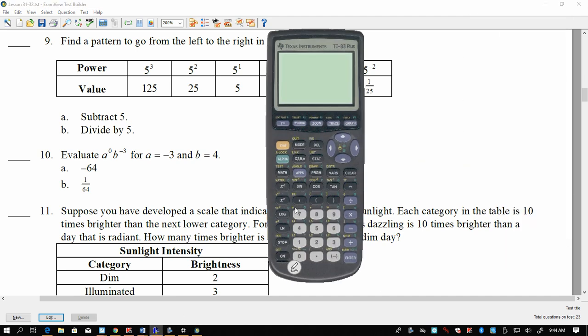If I bring this guy over here and I want 4 to the negative third, see how I get a decimal? If I get a decimal and I want a fraction, I can hit math. Notice that the very first thing that pops up is FRAC, which is short for fraction. I can hit enter and hit enter again, and it'll give it to me as a fraction, 1 over 64. Is your mind blown? Okay.